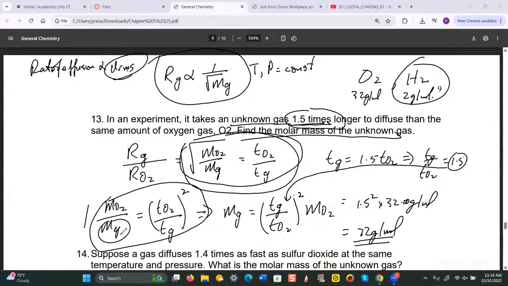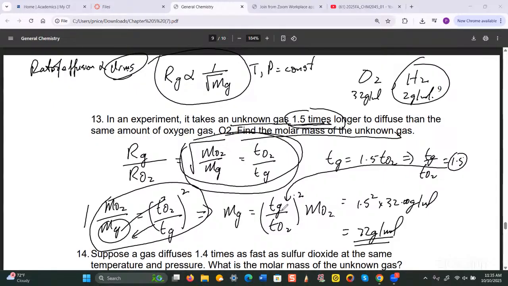So basically what I did was something like cross multiplication, where Mg is switched with TO2 over Tg down here. You still have MO2 here, so MO2 would be equal to, when you flip it, you're going to end up with Tg over TO2 squared. Okay, all right? And then you just put the numbers in. So it's kind of like cross multiplication.